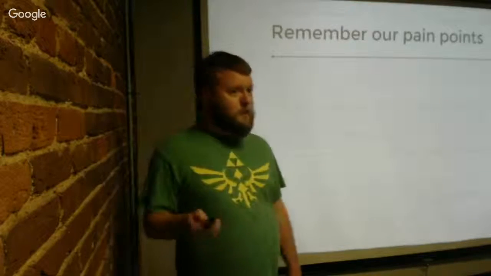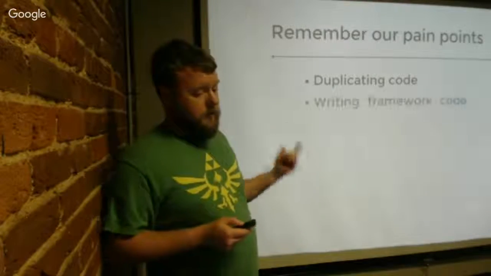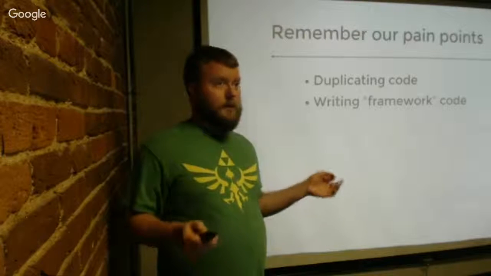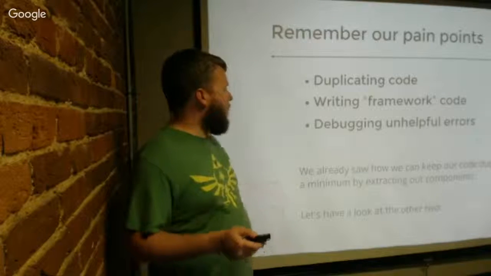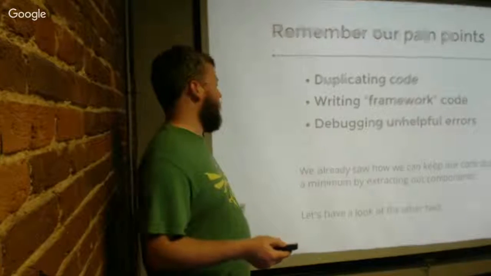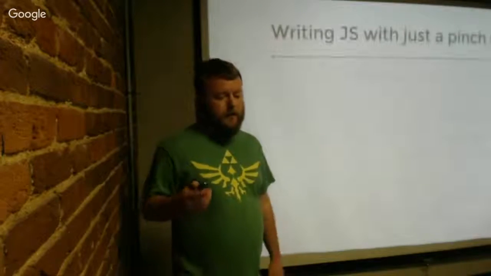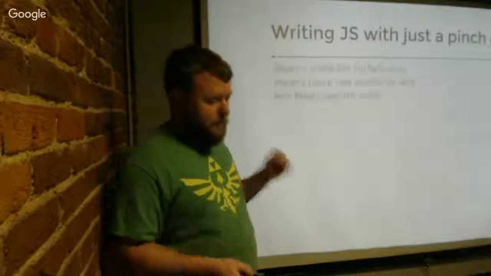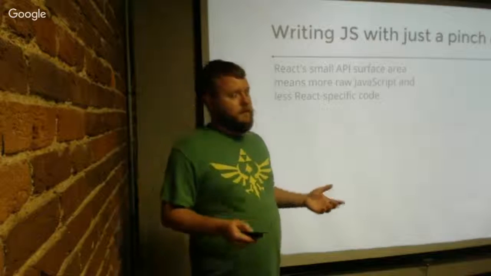So let's remember our pain points that we described earlier, right? Duplicating code, writing framework-specific code, and debugging unhelpful errors. Well, we already saw how we can keep our code duplication to a minimum by extracting out components. Let's have a look at the other two points. Writing JavaScript with a pinch of React versus writing Angular with a pinch of JavaScript.